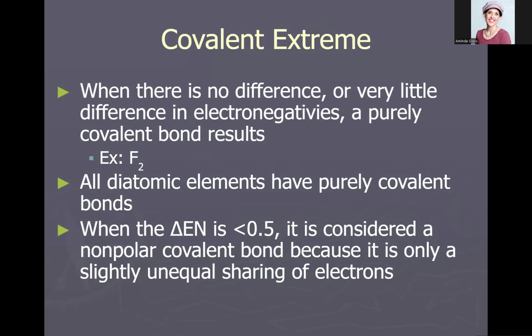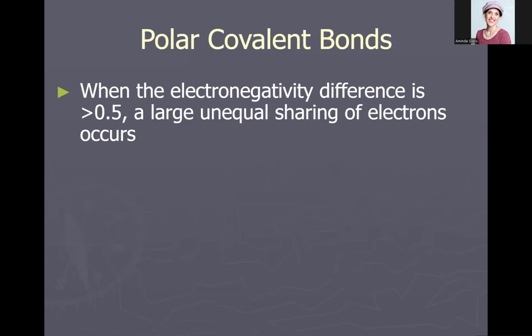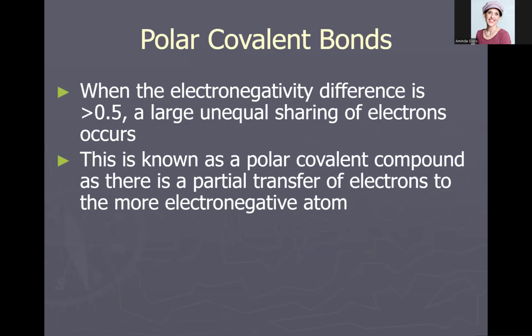When the electronegativity difference is less than 0.5, it's considered a nonpolar covalent bond, because it has a very slight unequal sharing of electrons. Now with polar covalent bonds, you have an electronegativity difference that's greater than 0.5, and that's a large unequal sharing of electrons.